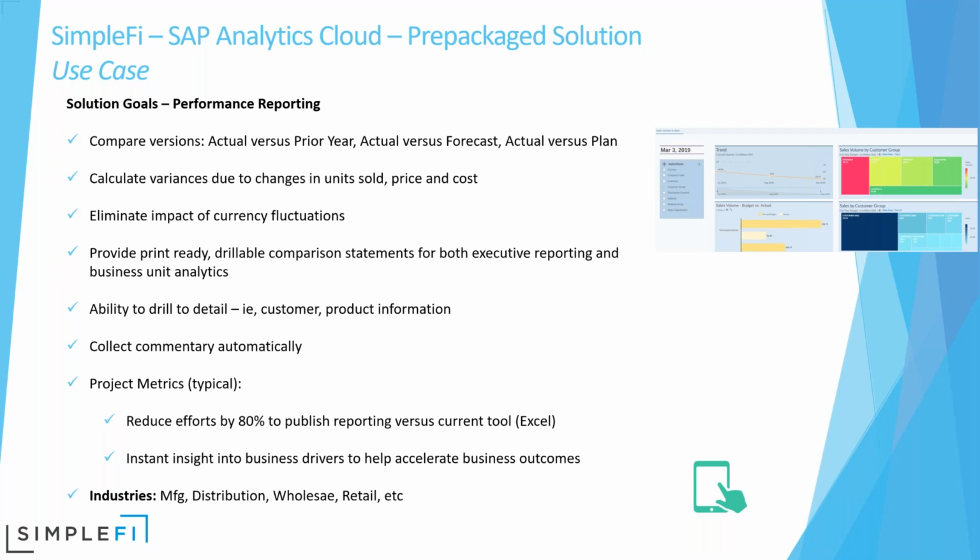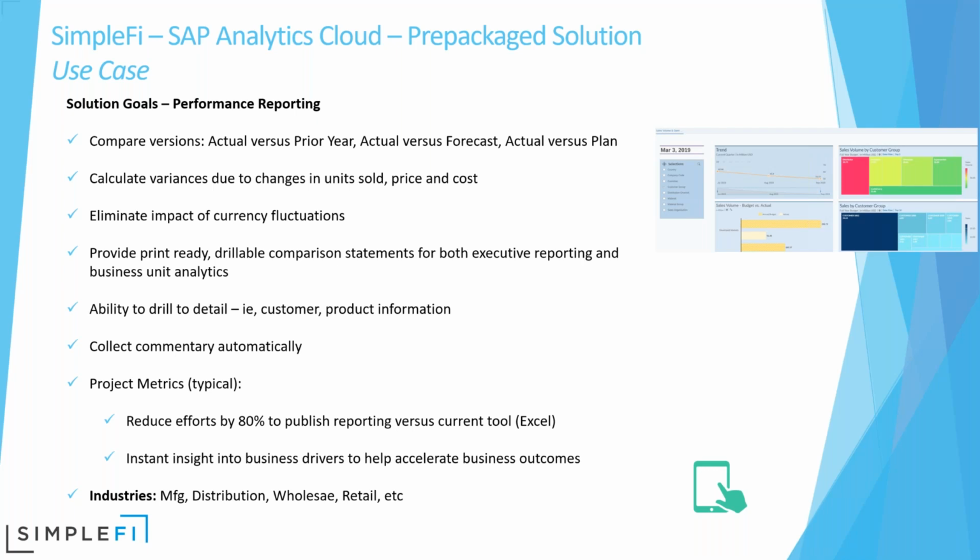So in addition to that, this solution is calculating those variances, but it's doing it at a great amount of detail. So it's doing it by customer, by product, by segment. So when we publish these statements, you can actually drill into them and look at the same bridge or the same variance report with these individual components in it by segment, by your main product groupings, whatever grouping makes sense to you, and you can drill into that live.